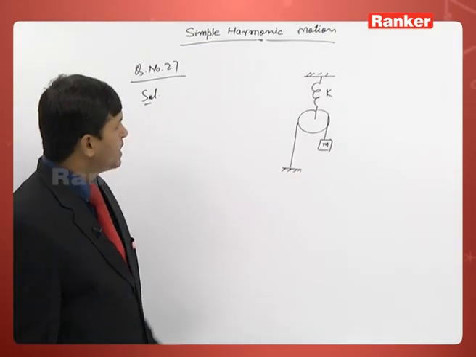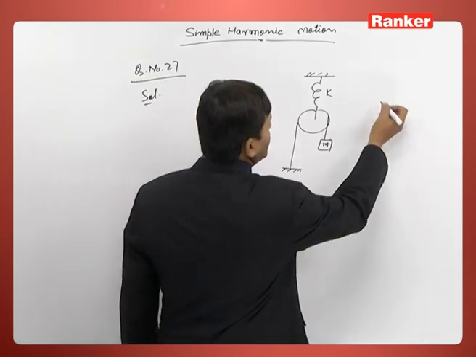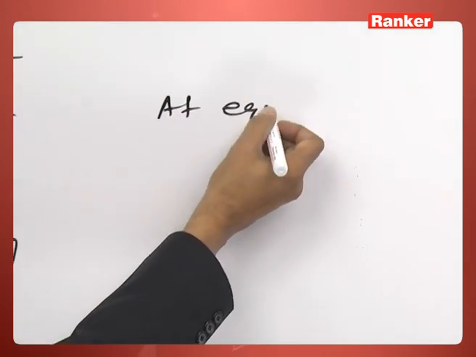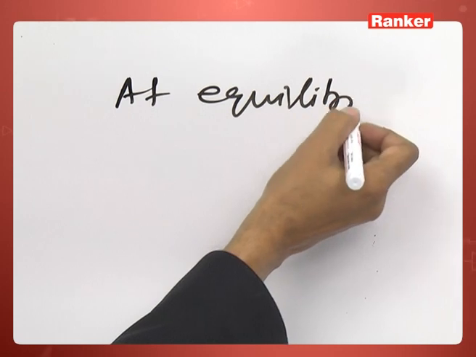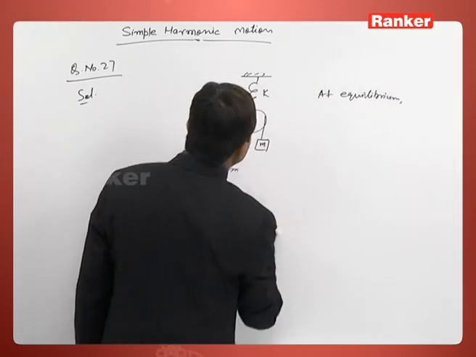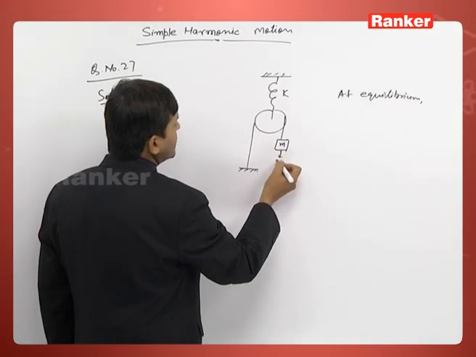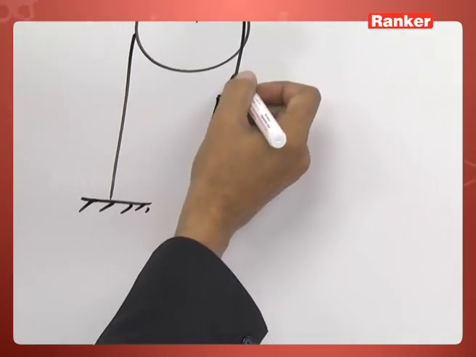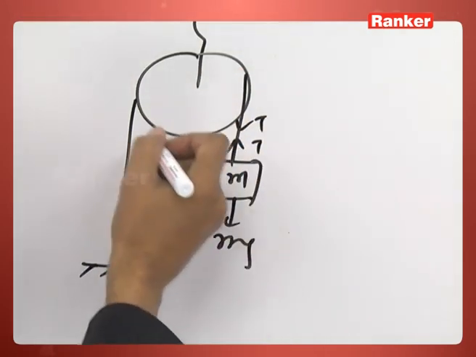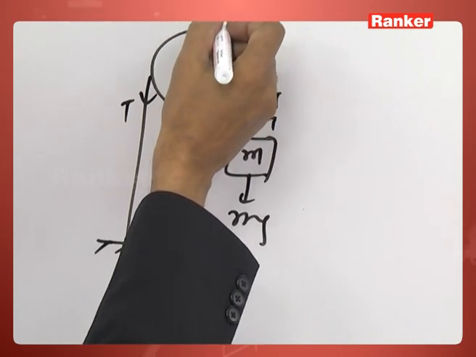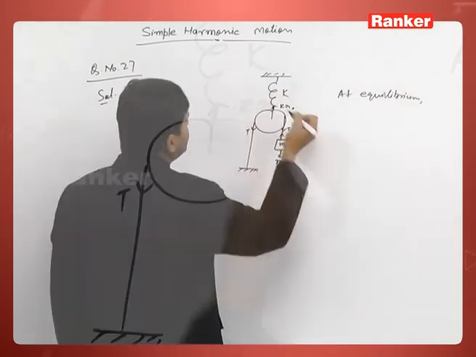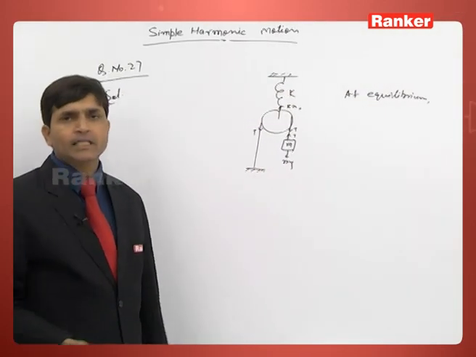See, at equilibrium, if we are looking here, one is mg, here tension T, this is also tension T, and here T. Let the elongation in the spring be x naught.